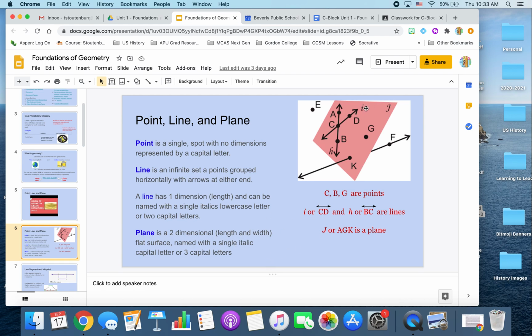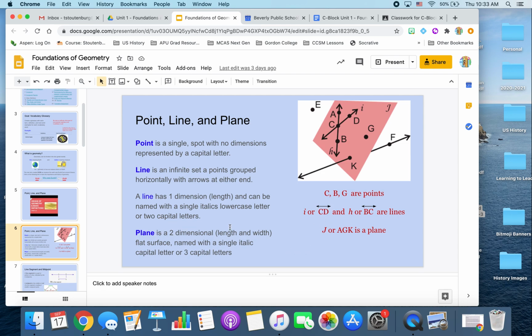And you also notice here, line I can be named line CD. And when we use the capital letters, we put this symbol, the actual line symbol, over top to signify that it's a line. It's shorthand essentially, so we don't have to constantly write the word line. We just put the symbol over top.